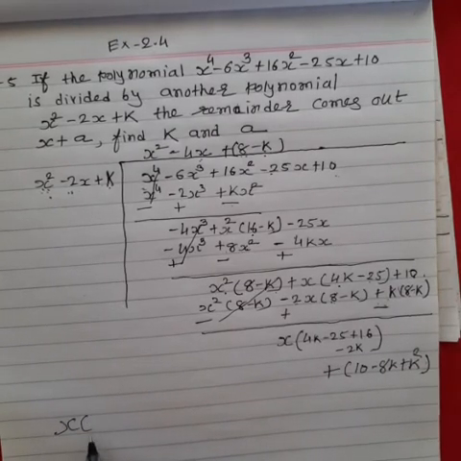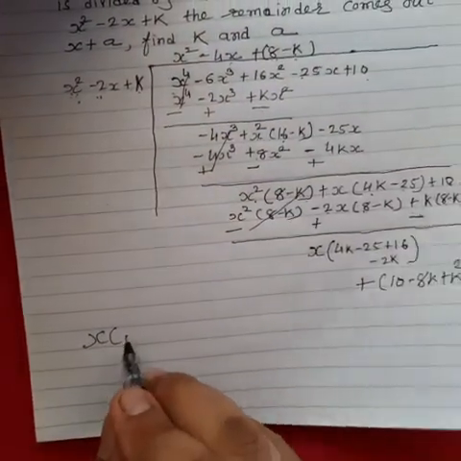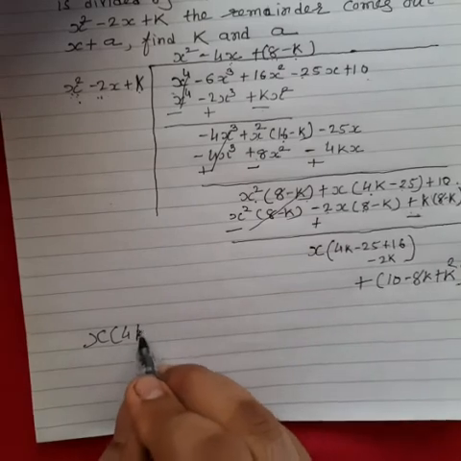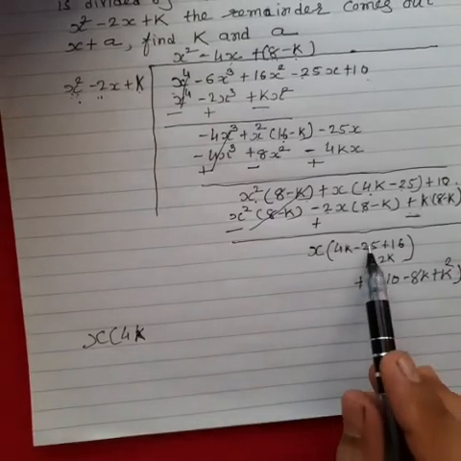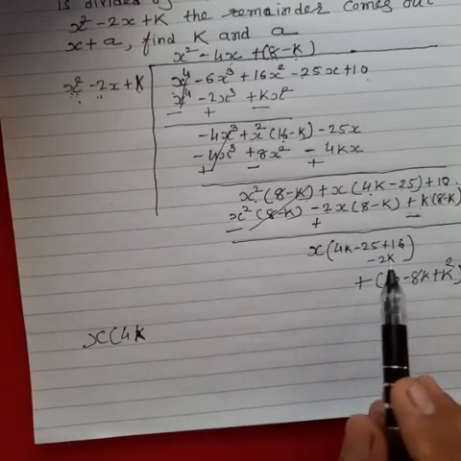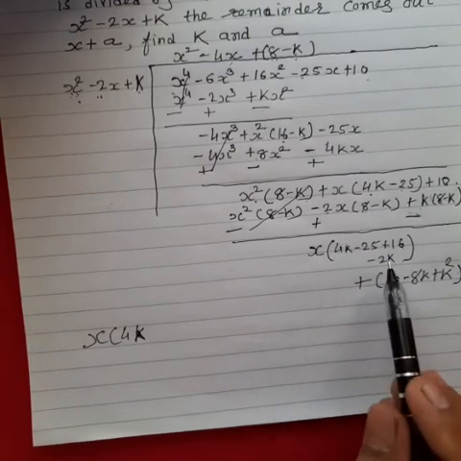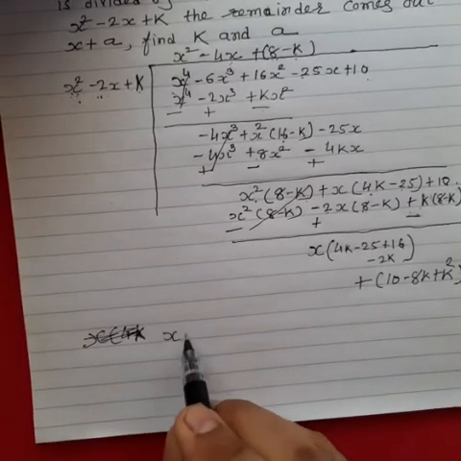X into 4k. Now here you can simplify minus 25 plus 16. What do you get? Minus 9. Okay. And 4k minus 2k, that is 2k. So we finalize it. So what do we write?